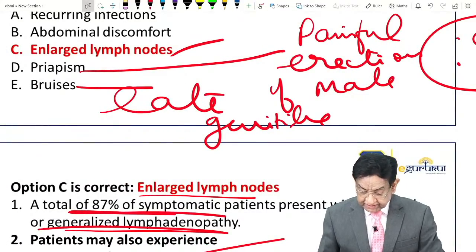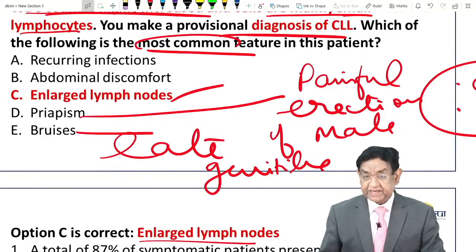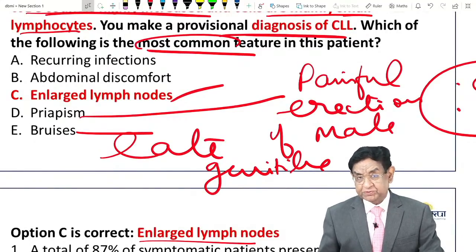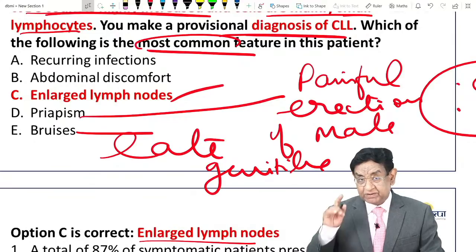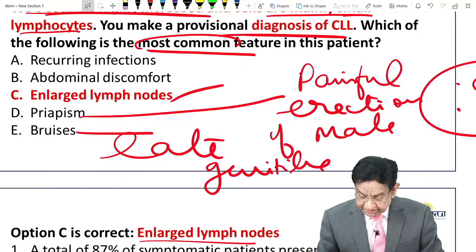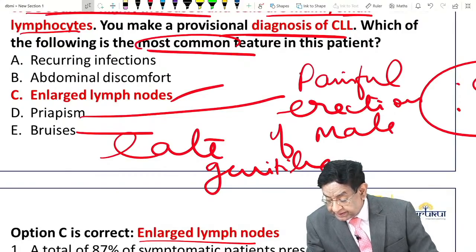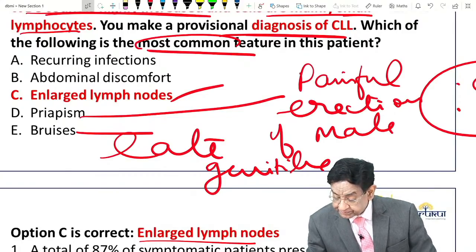So we got an additional question regarding priapism. Now, recurring infection can occur in this patient also, but the most common finding is enlarged lymph node. Abdominal discomfort can occur because in these patients spleen enlargement occurs. So enlargement of spleen can lead to abdominal discomfort.